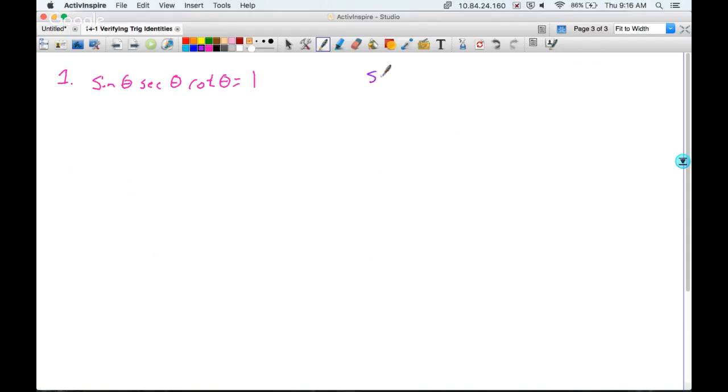It's possible to start with any trig function and take it into sine and cosine. Let me just write up those identities real quick. These are some of the very first ones. Sine and cosine, obviously, we just leave those alone. Tangent, I'm going to use a quotient identity to rewrite this as sine over cosine.